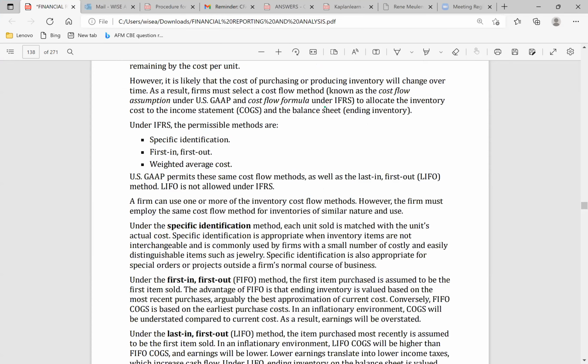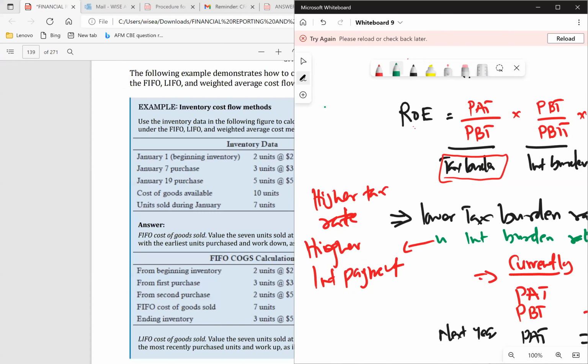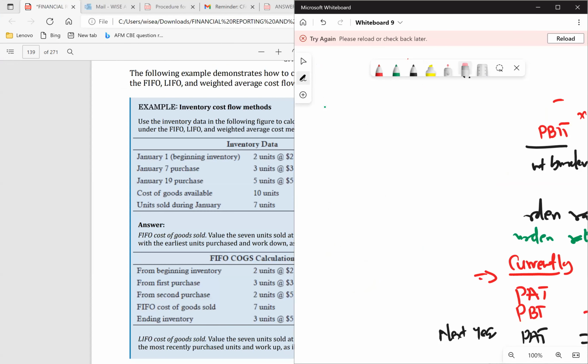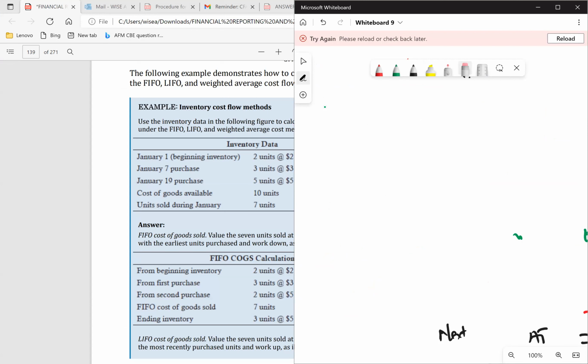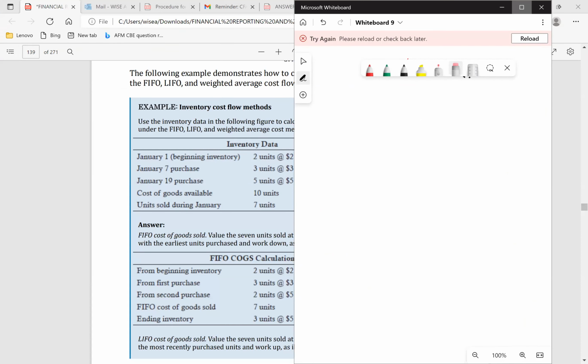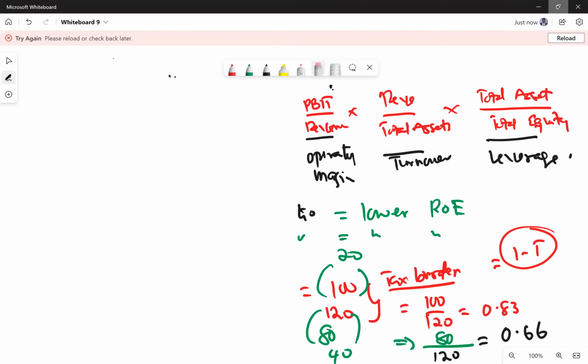Yeah. Hi. Actually, it's with the reserve. Oh, the LIFO reserve. How they link it to the... Okay, so with the LIFO reserve, remember, LIFO is not allowed under IFRS.